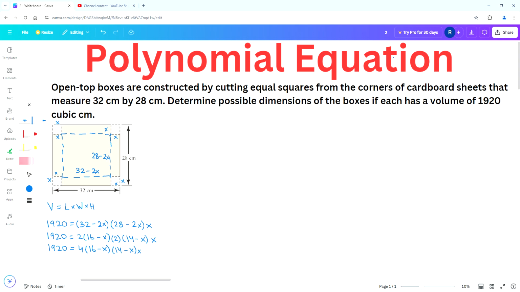Next, we can divide both sides by 4. 1920 divided by 4 is equal to 480. Next, we should distribute the x into the parentheses. We can distribute it into 14 minus x parentheses.